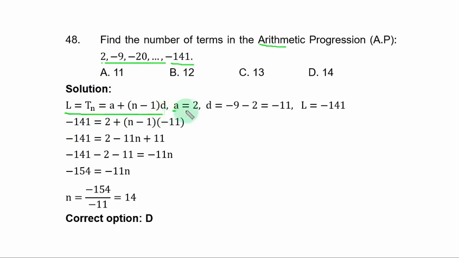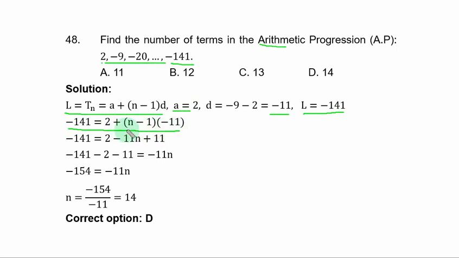The first term a is equal to 2. You can obtain the common difference by taking the second term minus first term, or third term minus second term, and so on. Whichever one you choose to take, the common difference is minus 11. The last term is minus 141. So you replace them in the nth term or last term formula in this form.